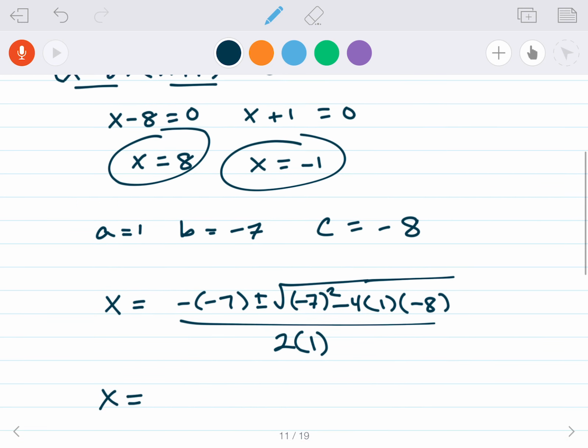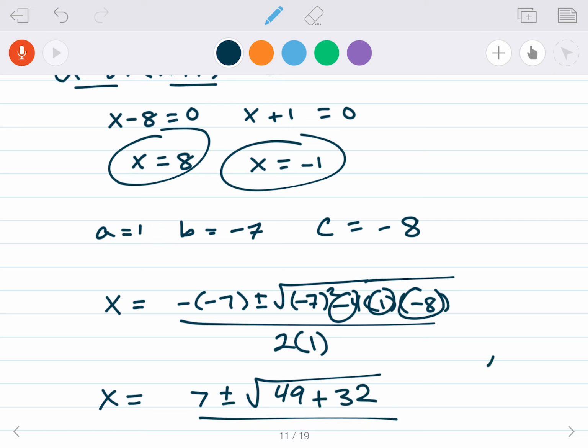Cleaning this up, on the outside the double negatives make a positive. On the inside, negative 7 squared is 49, and negative 4 times positive 1 times negative 8 gives a net result of positive 32. And this is all over 2 times 1, which is 2.